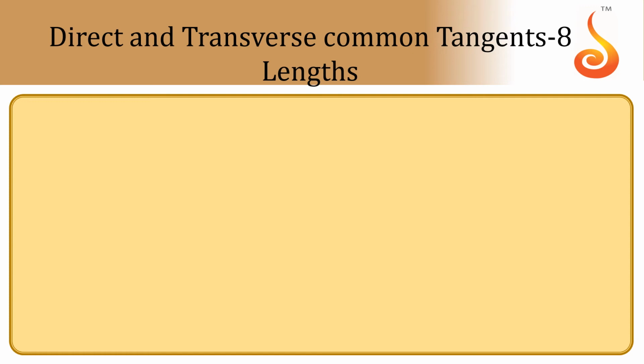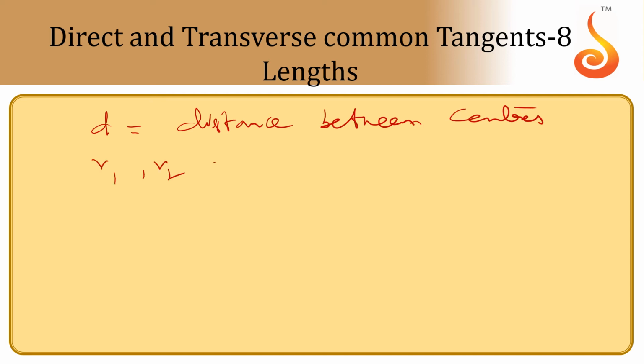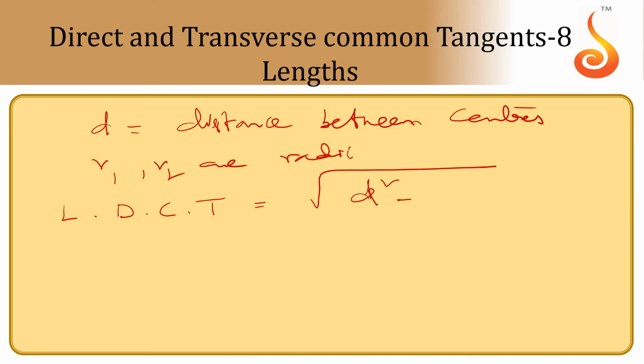Let us discuss the lengths of the direct common tangent and transverse common tangent. If D is the distance between centers, and R1, R2 are the radii, then the length of the direct common tangent is under root of D square minus (R1 minus R2) whole square.